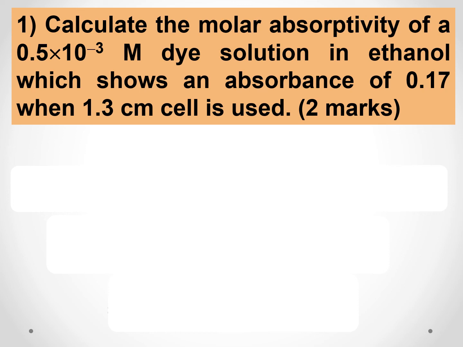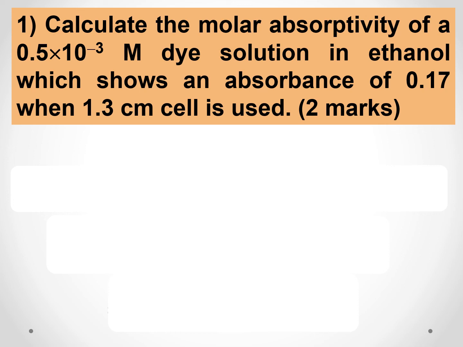So what you have to do is calculate the molar absorptivity, the molar absorptivity coefficient epsilon. Of a 0.5 into 10 raised to minus 3 molar dye solution. So concentration C is given, which shows an absorbance of 0.17.